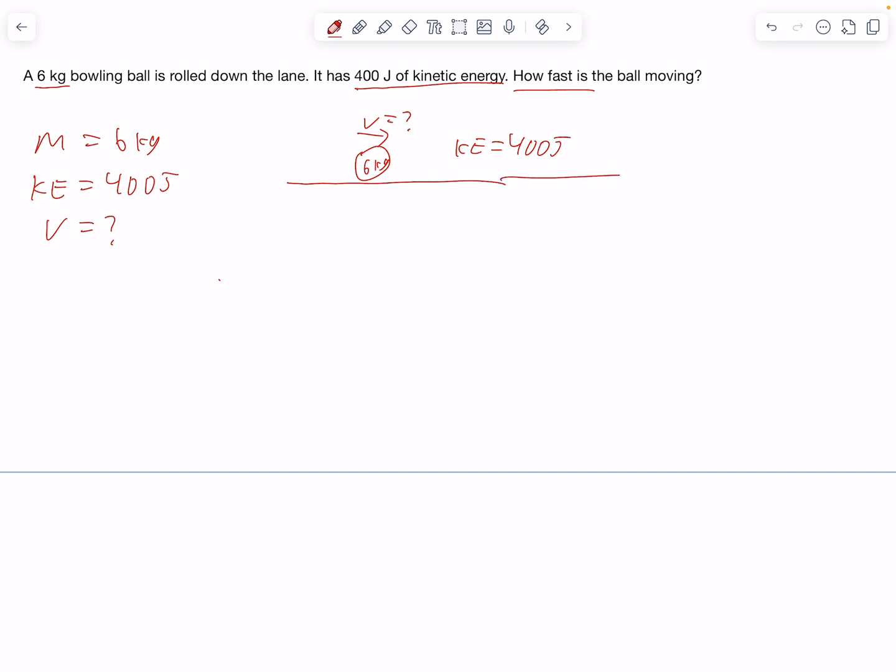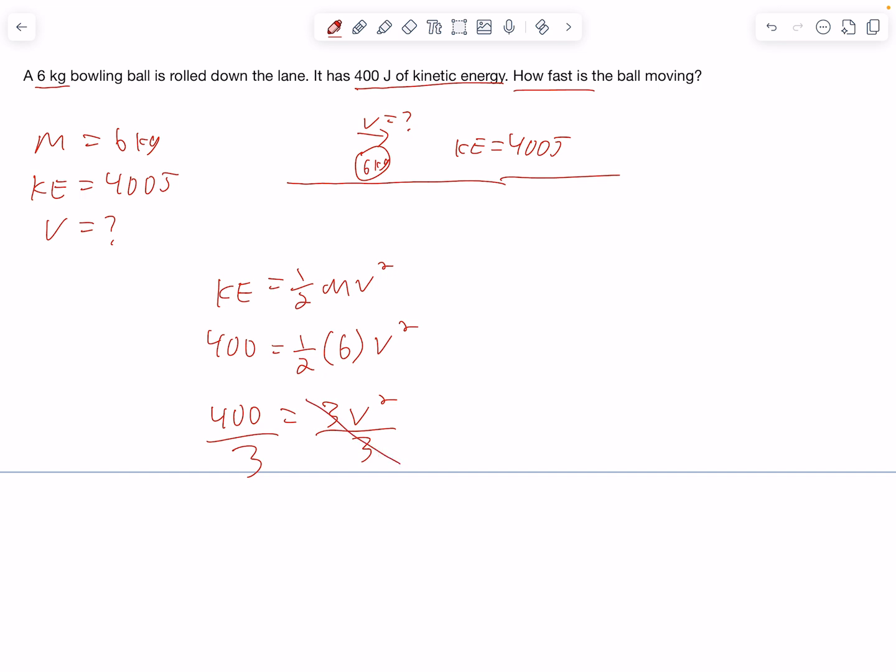All right, so the equation that I'm going to use is KE equals 1/2 mv squared. So I would have 400 equals 1/2 times 6 times v squared. The first thing I'm going to do is take half of 6. Half of 6 is 3. I'm going to divide both sides by 3.